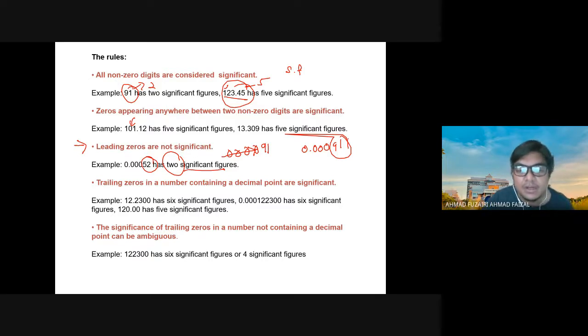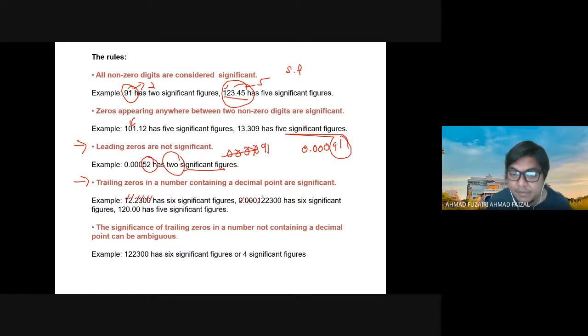Okay, how about the trailing zeros? Trailing zeros in a number containing a decimal point are significant. Remember, the trailing zeros are significant. For example, 12.2300, we consider this as 6 significant figures. But the leading zeros don't count.